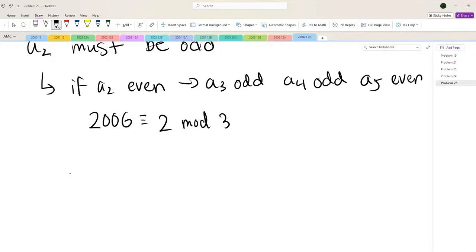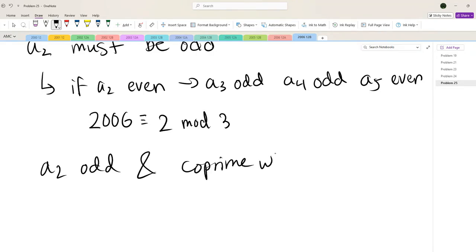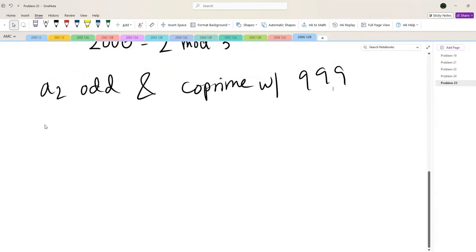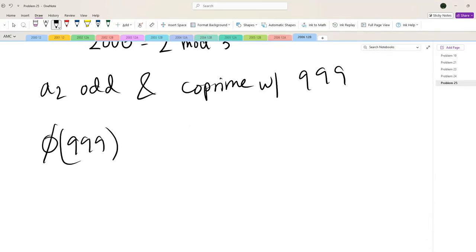So now we have two conditions. A2 is odd and co-prime with 999. So we can use Euler's totient function to compute the number of values that are co-prime with 999. The factors of this are 9 and 111, so 3 and 37.